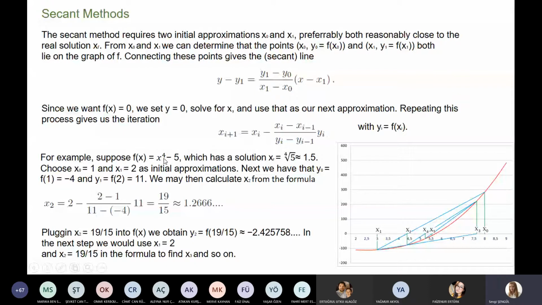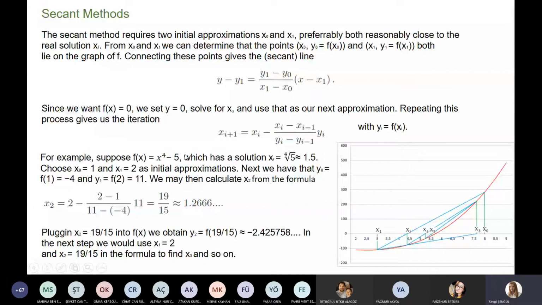For example, for f(x) = x to the 4 minus 5. This is the f, and I'm trying to find the root of this one, which is, once we make this one equal to 0, x will be the fourth root of 5. So this is about 1.5. So I need to choose 2 starting points. Let's choose 1 and 2. Okay? So x0 is 1, x1 is 2.